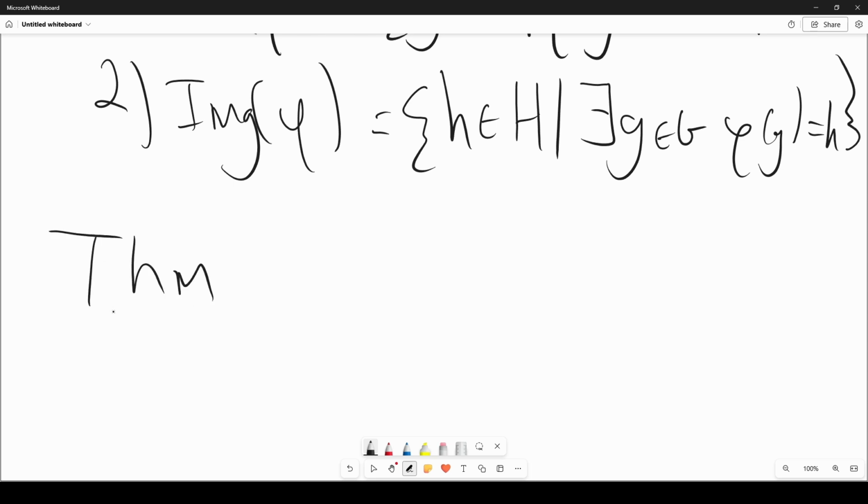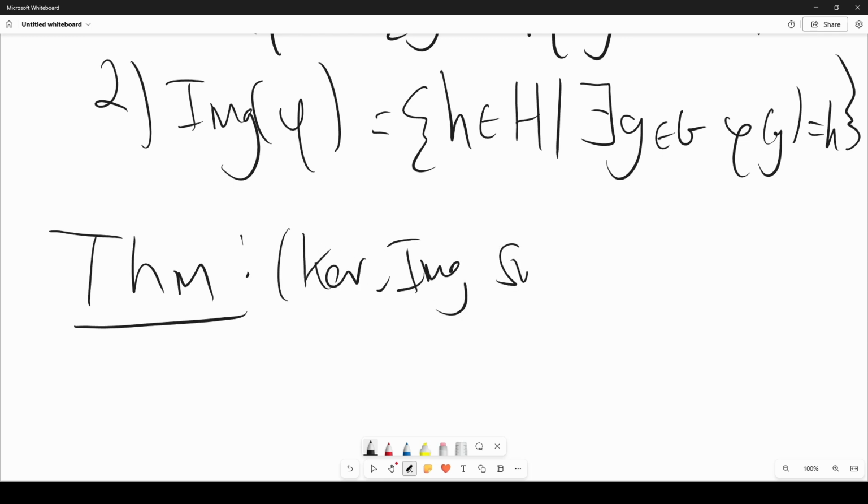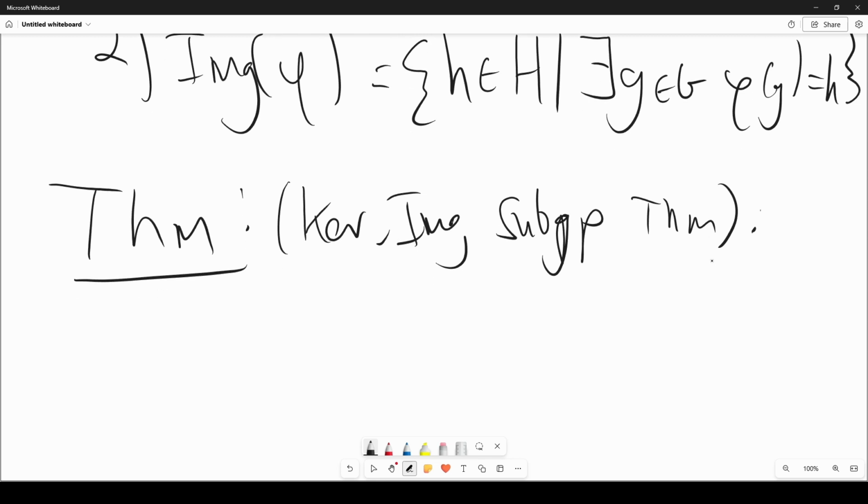The first thing, which I'm going to call the kernel and image subgroup theorem, is as follows.